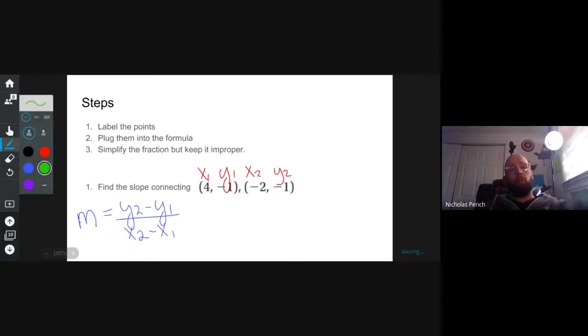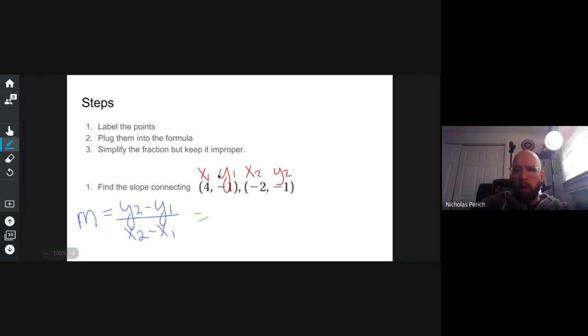Now what I do is, since I labeled these x sub 1, y sub 1, x sub 2, y sub 2, I take turns plugging them in. So I'm going to replace y sub 2 here with that y sub 2 right there, -1. There's a minus sign in the middle, so minus. And I like to put parentheses.